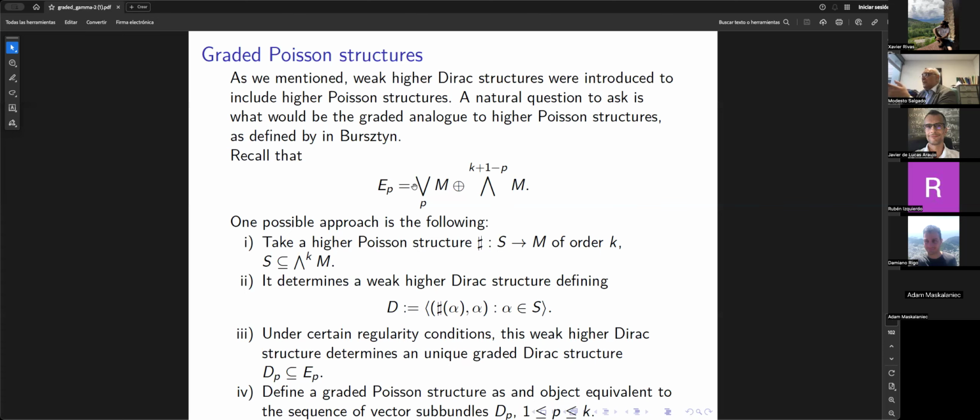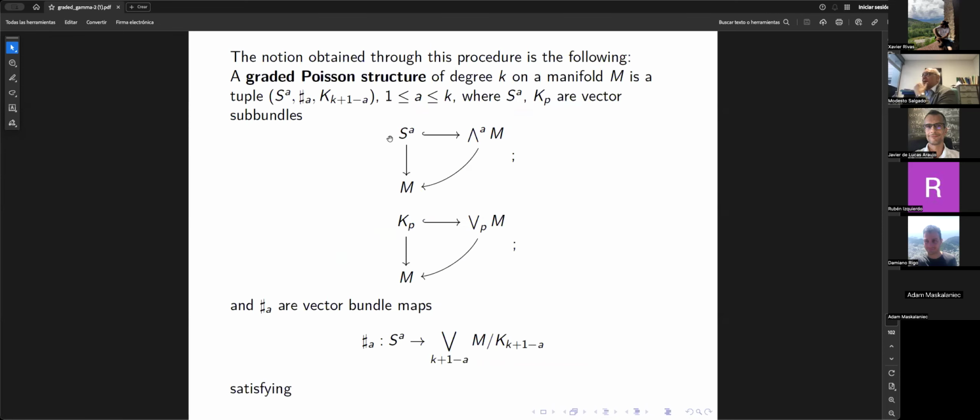So you can see that it's more or less the case of before, but we don't impose these conditions about this x01, so this is not zero in general. Okay, so this is a graded Poisson structure.